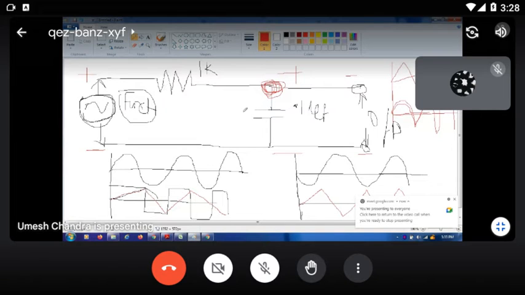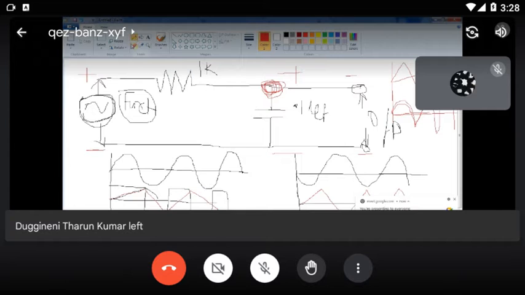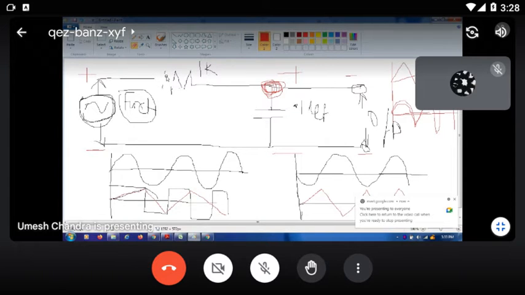Now just you change the components. First, now I remove the resistor here. I remove both resistor and capacitor.